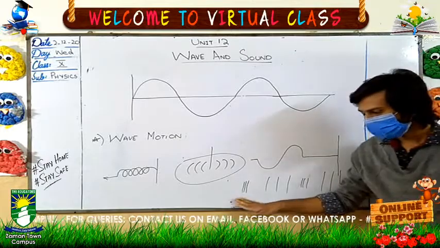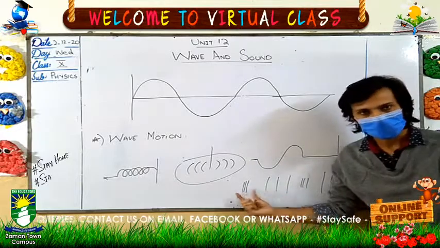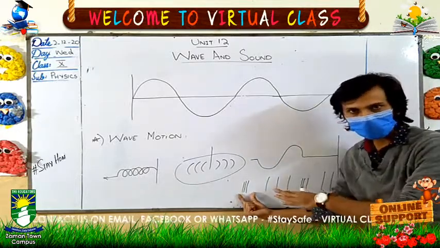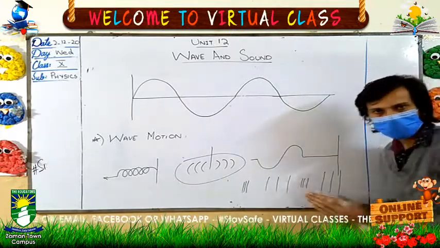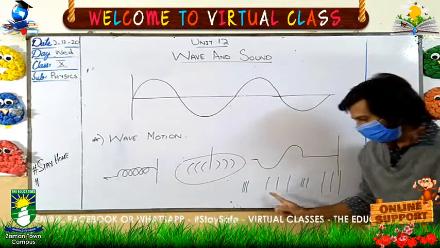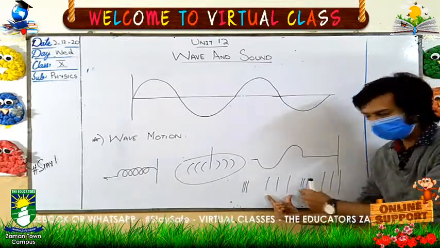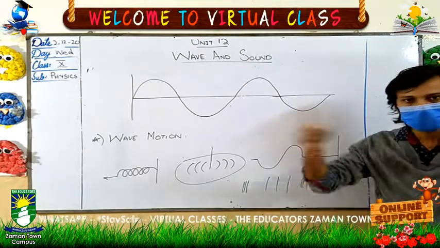So what is compression? Compression is a point where the inside pressure is slightly larger than the air pressure. If I talk about rarefaction, because it is in expanded form, here the pressure is slightly lower than the surrounding air pressure.